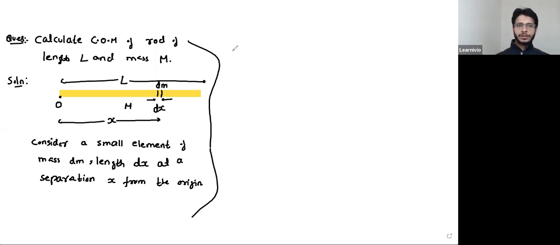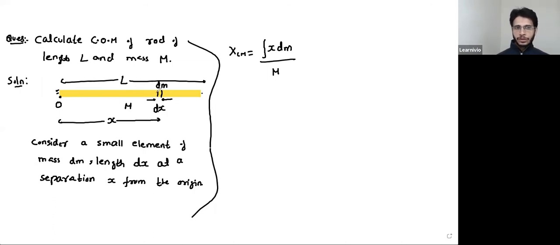So if I use the definition of center of mass, the x coordinate of center of mass is the integral of x dm divided by the total mass. Now we have to choose proper limits. This x can lie from the origin to this end.